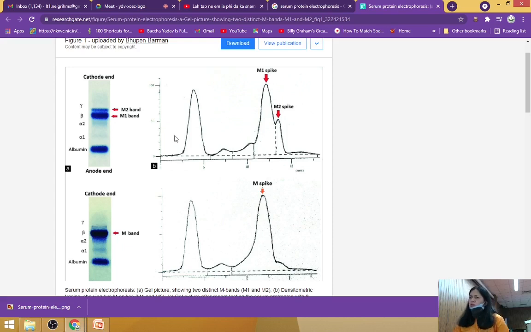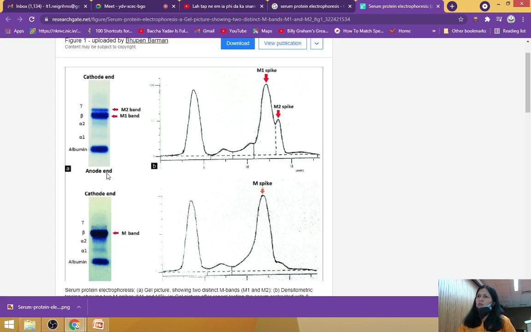Clear? So this is a slide which shows serum protein electrophoresis. Has protein electrophoresis been taught in the practical class? No, ma'am. So in protein electrophoresis, we take a glass slide and layer it with agar. Then we put this glass slide in a tank which contains a buffer.